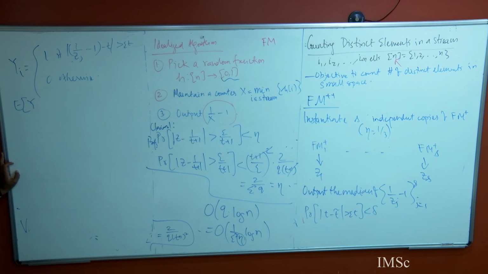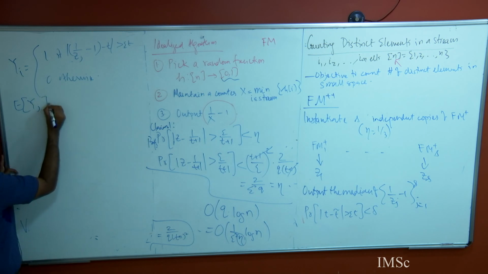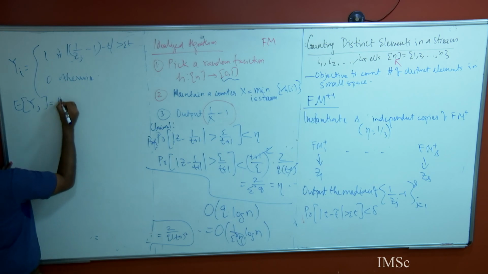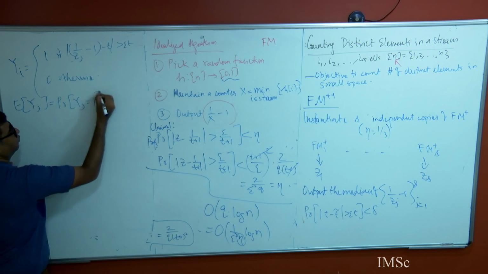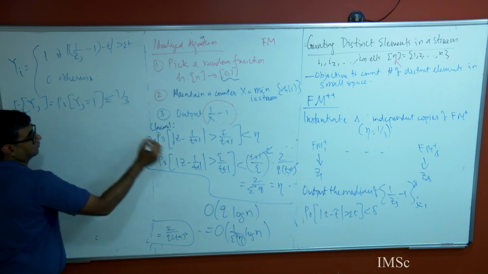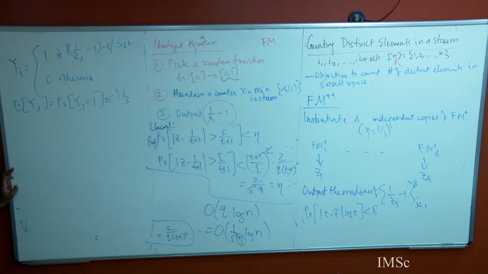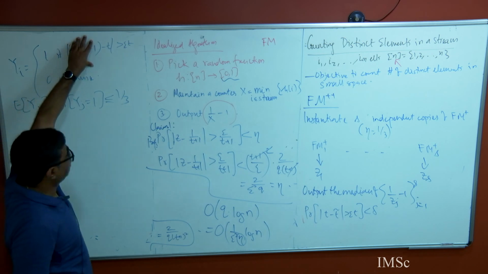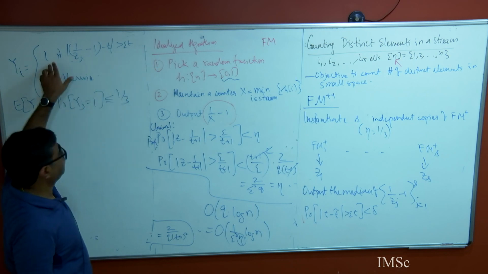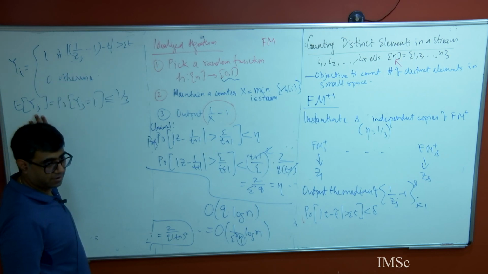What is the expectation of yj? It is the same as the probability that yj equals 1, which is less than or equal to 1/3. You are 1 if you fail; this is the condition of failing, that whatever quantity I output is not within the range, then I give you 1.